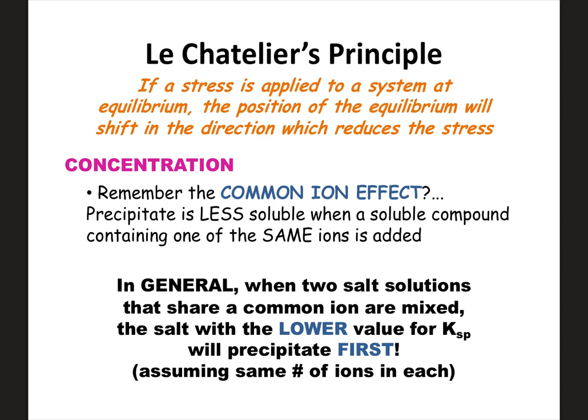And as long as they have the same number of ions, the one that would have the lower value of the KSP would precipitate first. But obviously, if you need to show work, you would actually have to do some math here. But this is just a quick way if you need to quickly answer a question. All right, you're mixing two salt solutions that have a common ion. The salt that has the lower KSP will precipitate first as long as they have the same number of ions in each.